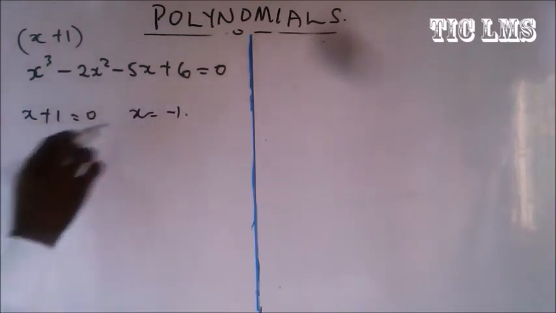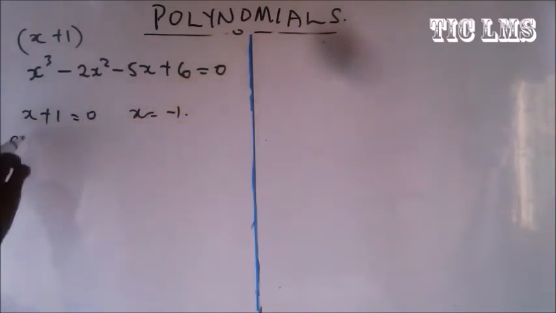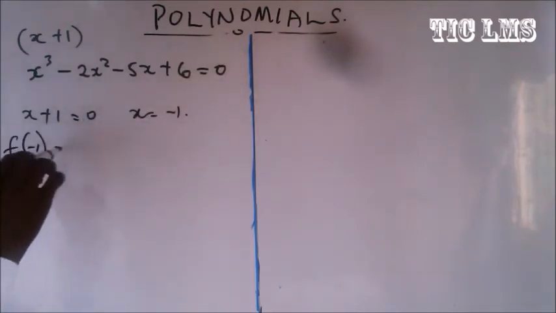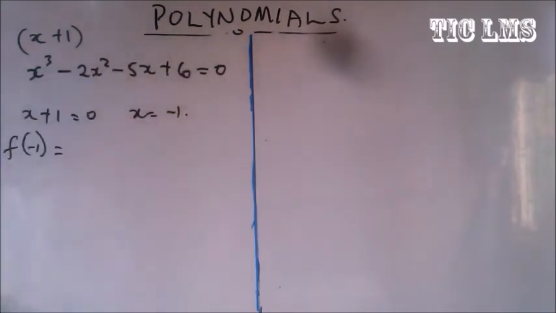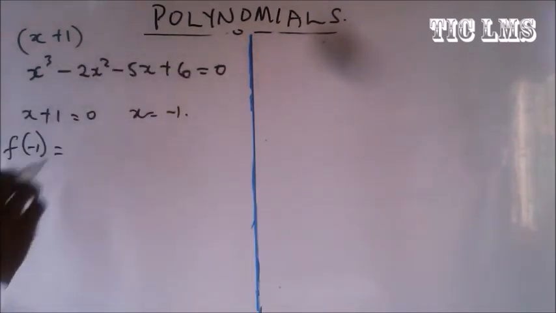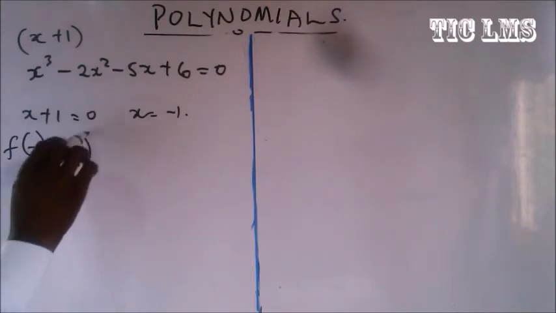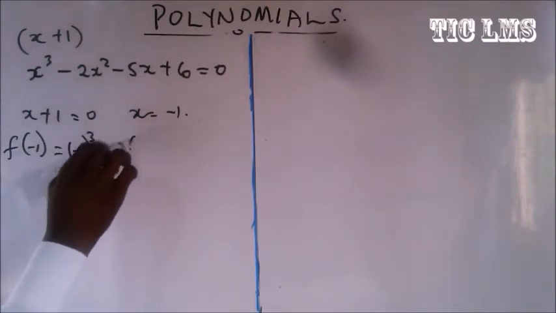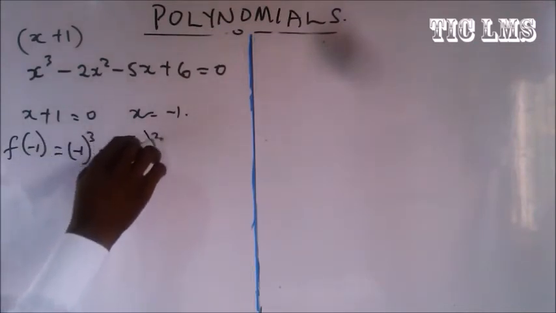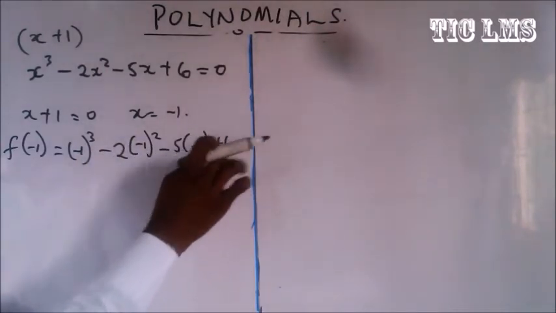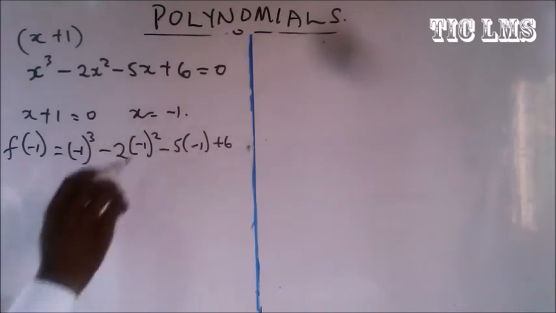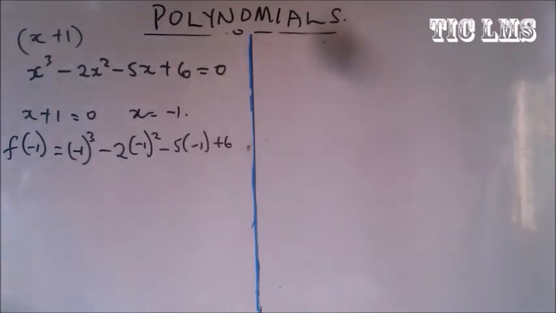So we're going to have f of minus 1, and we'll replace each of the x in this equation with minus 1. So we have minus 1 into bracket 3, minus 2 into bracket minus 1 squared, minus 5 into bracket minus 1 plus 6. We want to see if this particular expression will give us 0.